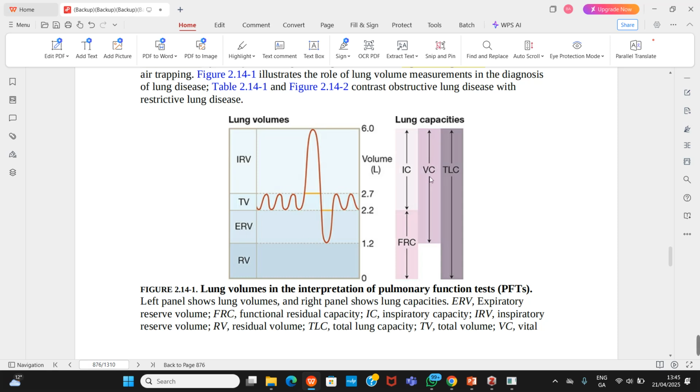So once you add the vital capacity plus residual volume, you get your total lung capacity. So that means that vital capacity is going to be the sum of IRV, TV, and ERV, which is 3.3 plus 500 plus 1, which is going to be around 4.8 liters. So 4.8 liters plus 1.2 gives us the 6 liters.